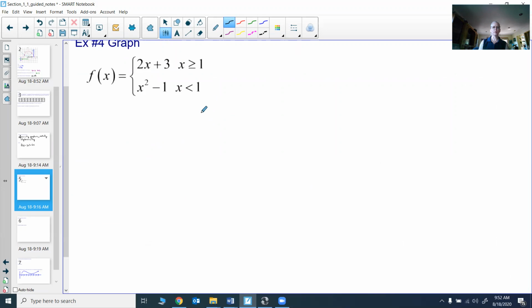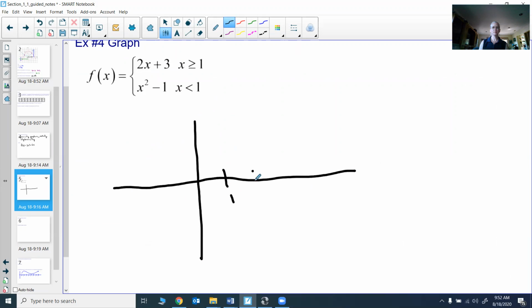So I'm going to draw a coordinate plane first. Whoops. I know I need x equals 1, 2, 3, 4, and 1, 2, 3. I'm plotting around that space here. 4, 5, and -1, -2, -3.